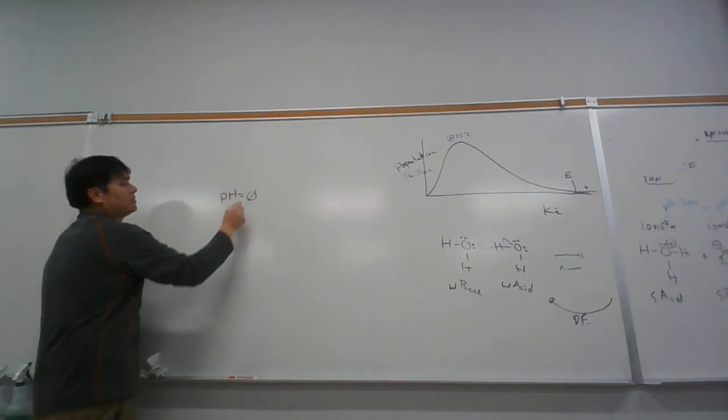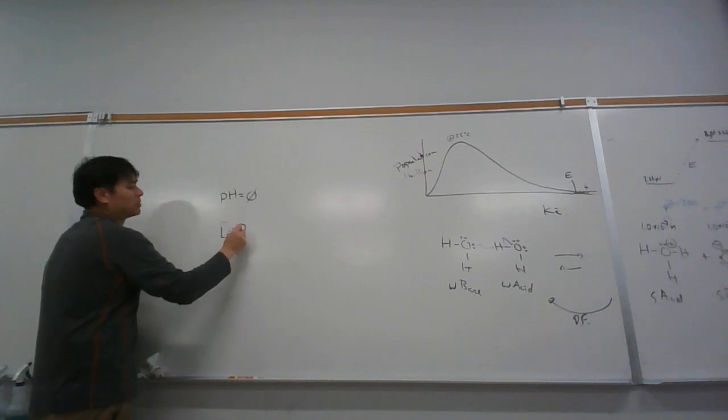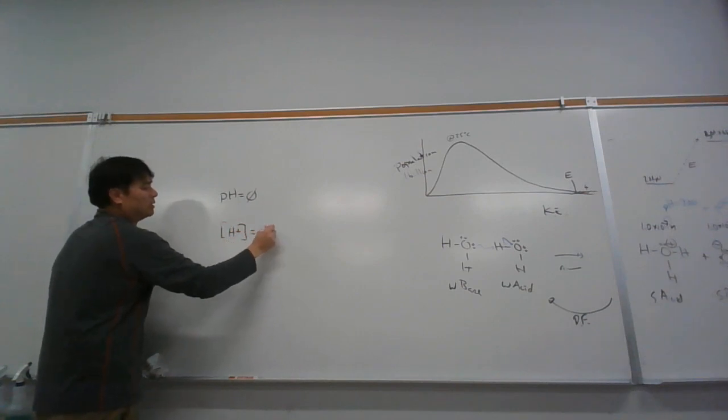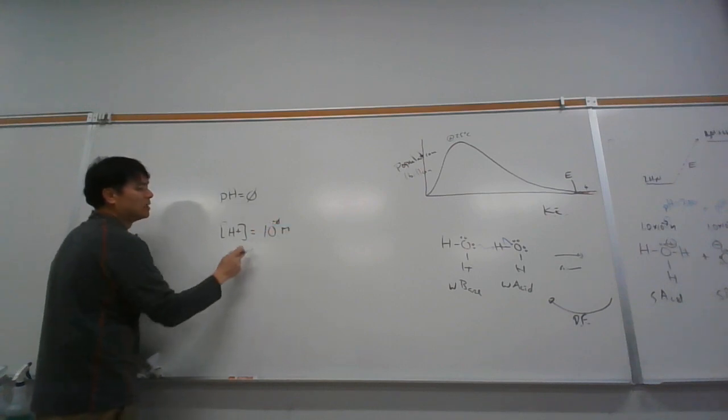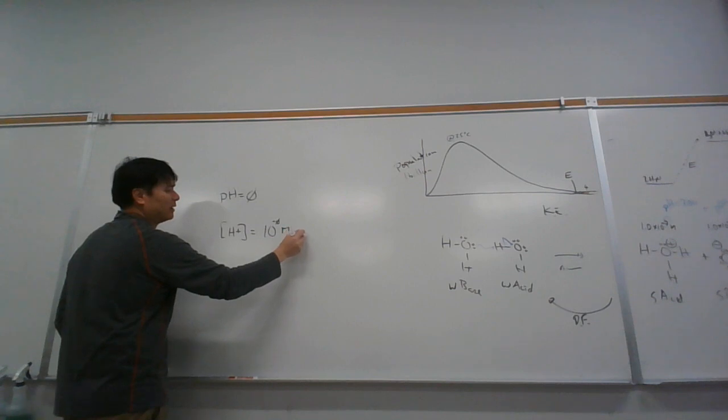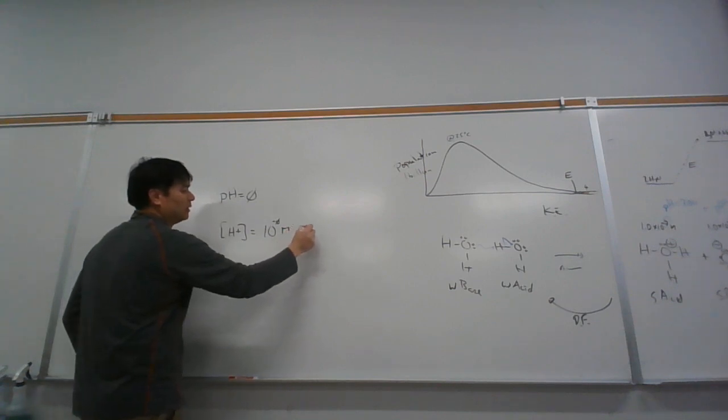All right, a pH of 0 means that the H plus concentration has 10 to the minus 0 molar concentration. 10 to the minus 0 is what? Is 1 molar.